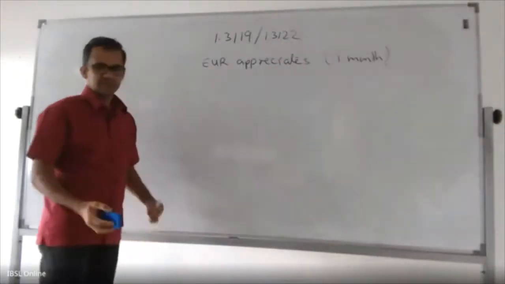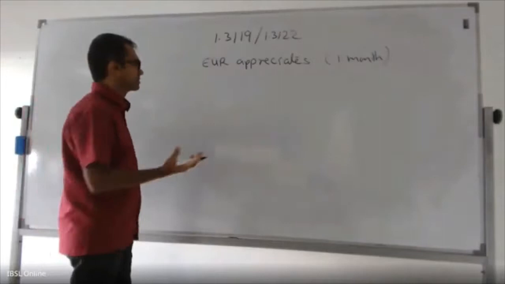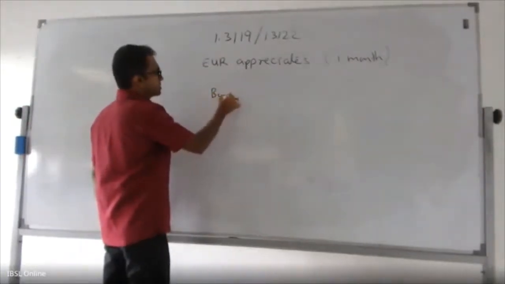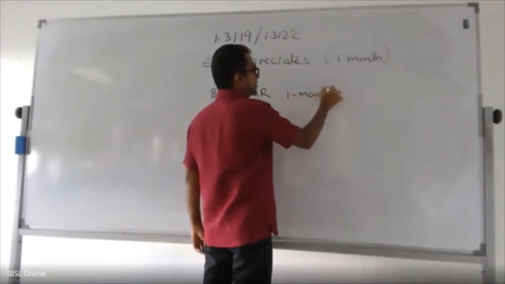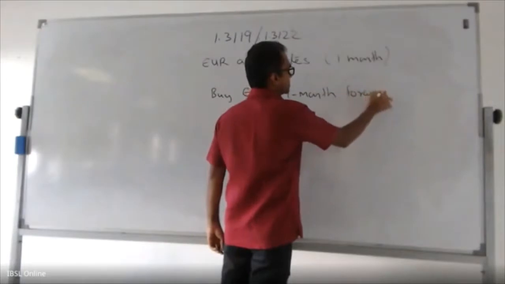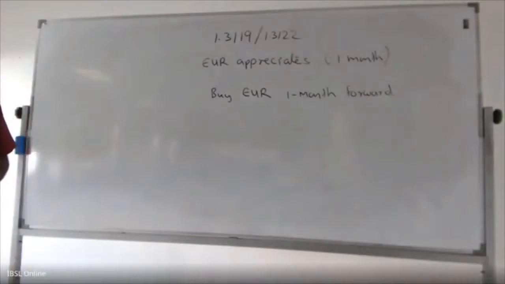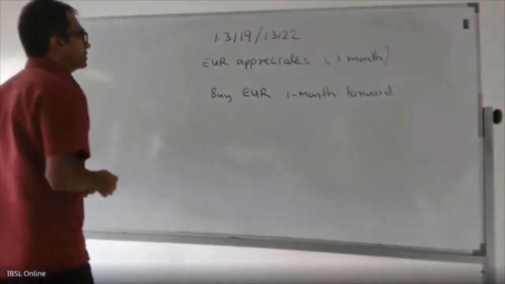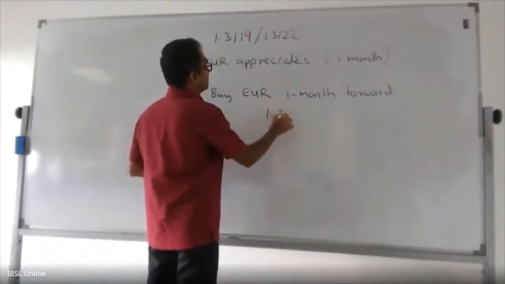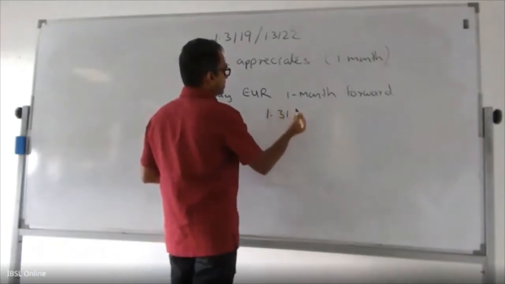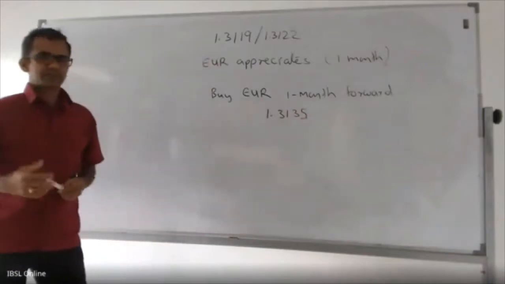What we do in a forward transaction: instead of doing a spot transaction, you can buy euro 1 month forward. So then the applicable rate would be 1.3135 or something like that, based on the forward points.